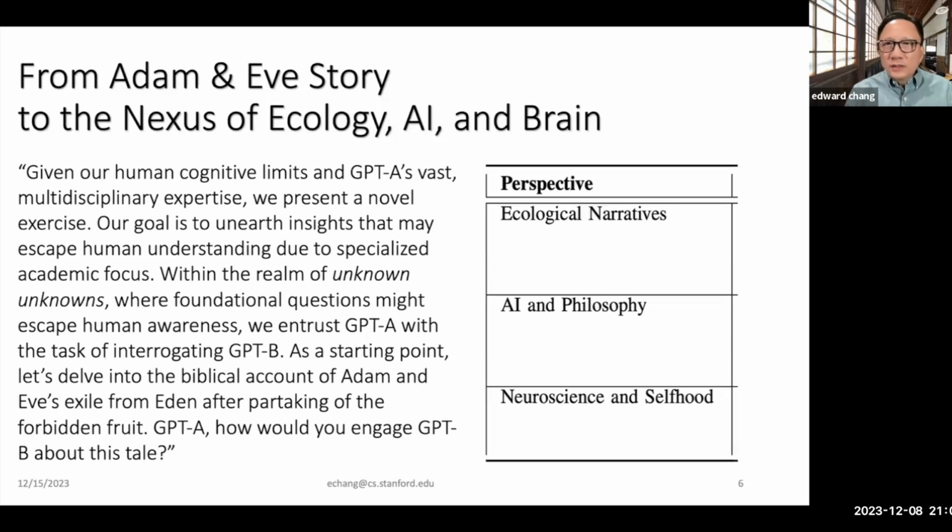In the first round, GPT-B asked, are there other cultures, other stories similar to Adam and Eve's story? One of the GPT agents said, yes, Pandora's box is one example from ancient Greece, I believe. The notion is that you don't open it; there's something forbidden, and if you trespass, a bad thing will happen.